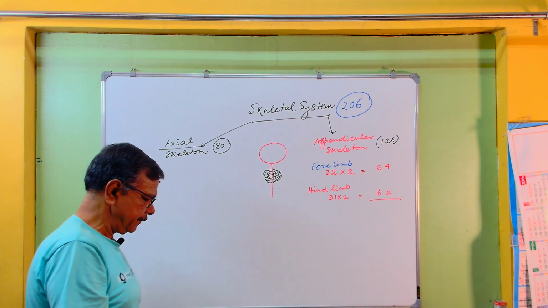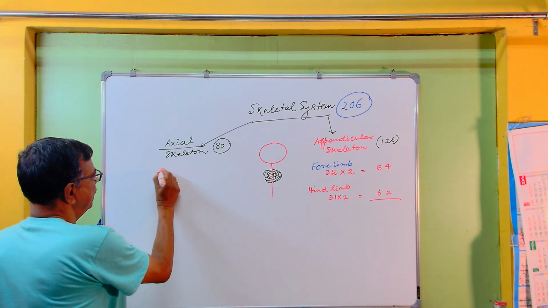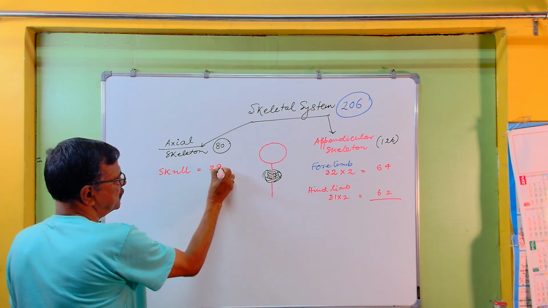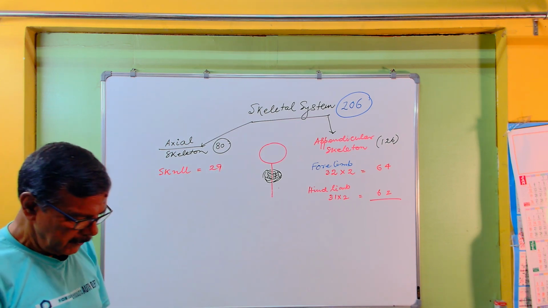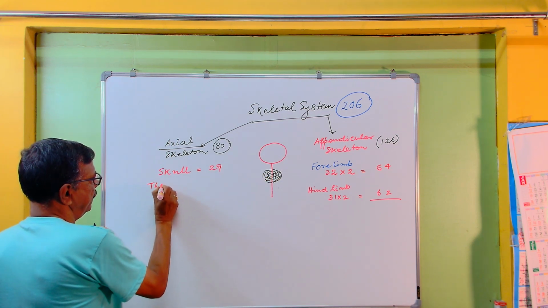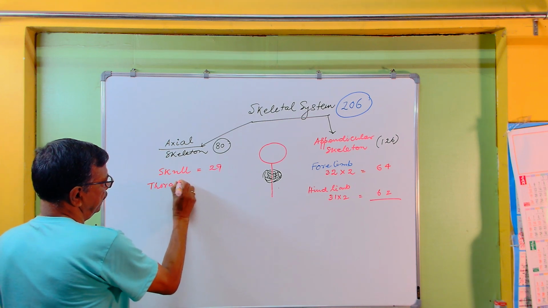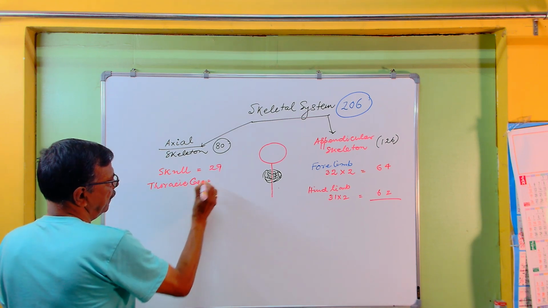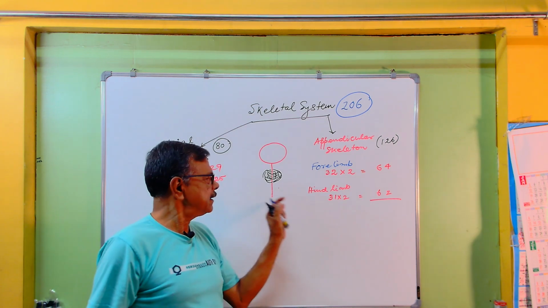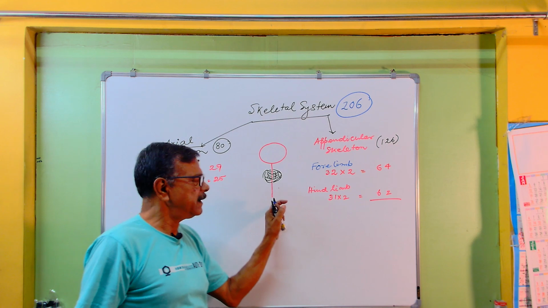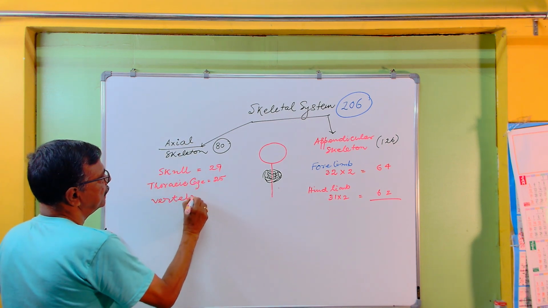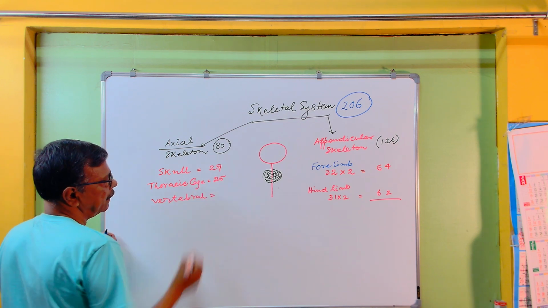This is the skull. It consists of 29 bones. This is the thoracic cage. It consists of 25 bones. We'll come to the details of this 25. And this vertebral column consists of 26.